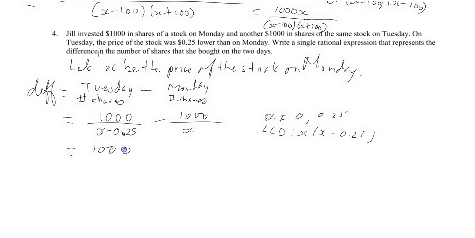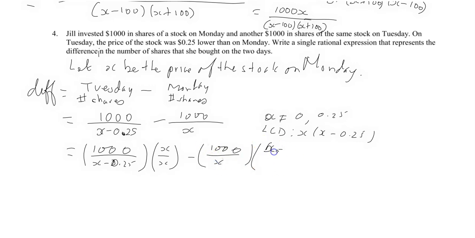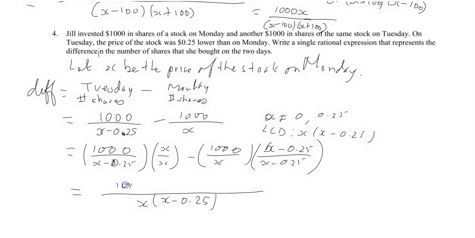That's like tomorrow. So 1,000 over x minus 0.25 times x, minus 1,000 over x times x minus 0.25. Now let's do that same little trick, right? Here's my LCD. This will be 1,000x, okay, minus, now watch this because we have to expand this.